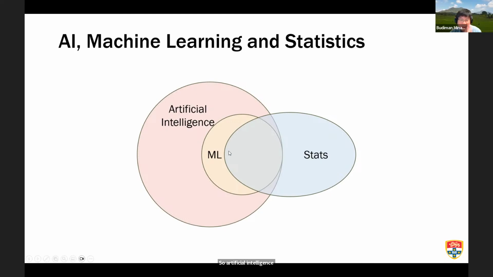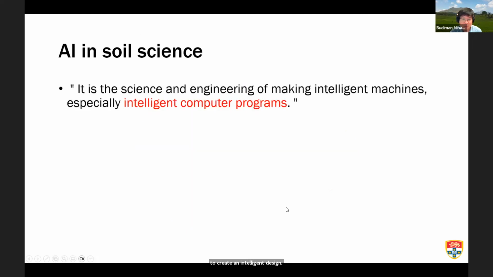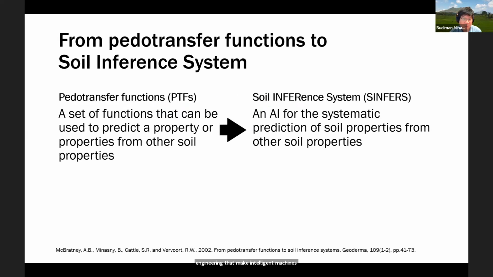Machine learning is about learning the pattern from the data, but artificial intelligence is about the use of the models to create intelligent design, and some part of it is due to statistics. So AI is a science of engineering that makes intelligent machines using intelligent computer programs.